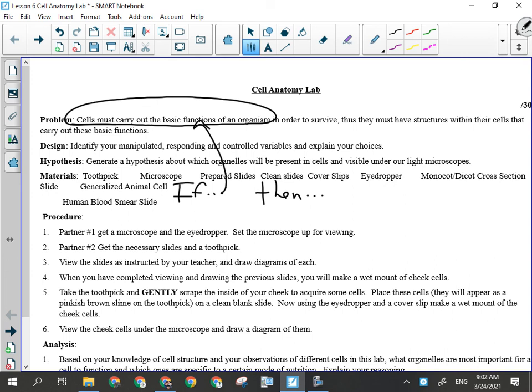I'm not expecting you to write down all 13 things that are on your cell diagram from class the other day, because you're not going to see all of those. Okay, you're not going to see ribosomes. Okay, but I do expect here that you would list some of the things you would expect to see in these cells and why. Okay, so you actually have to list a few organelles here. Okay, in the then part.